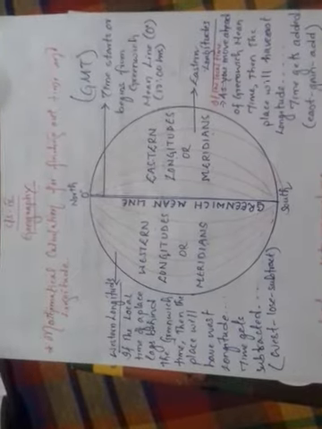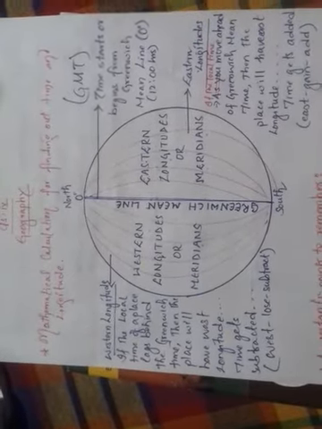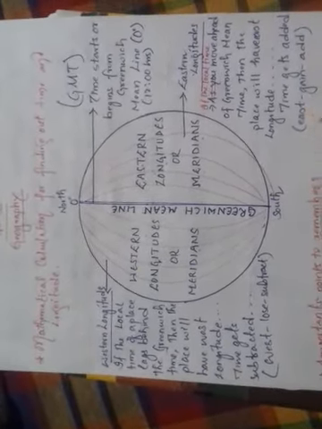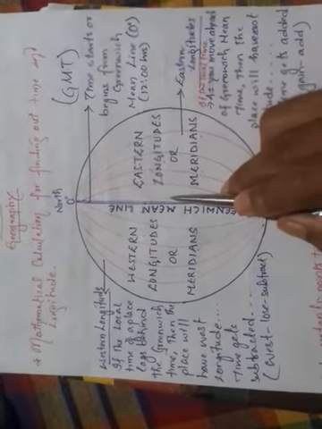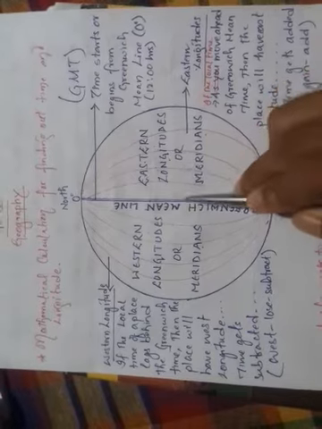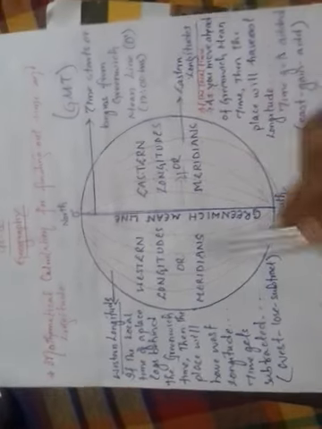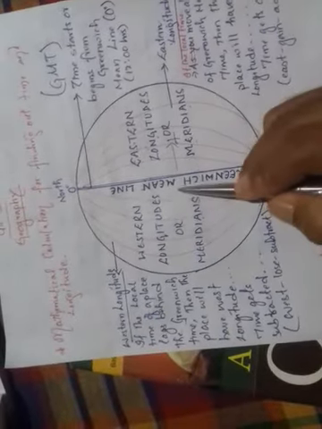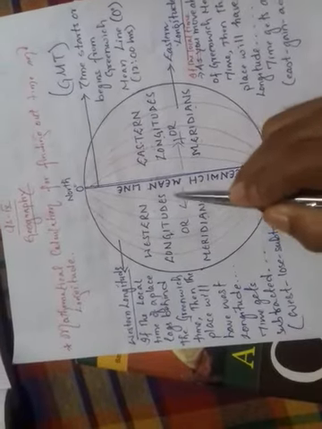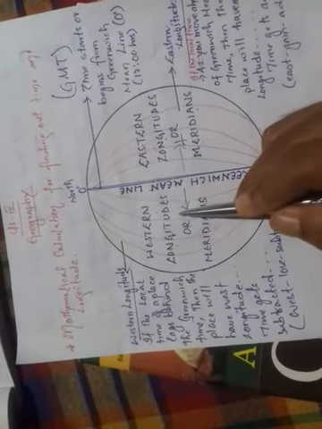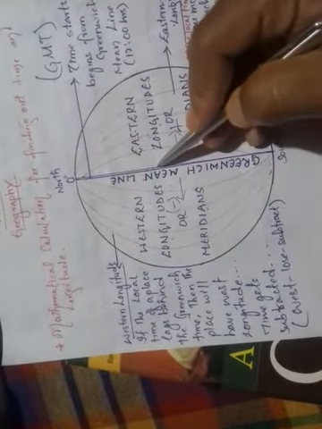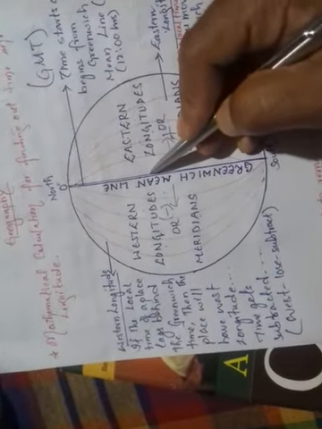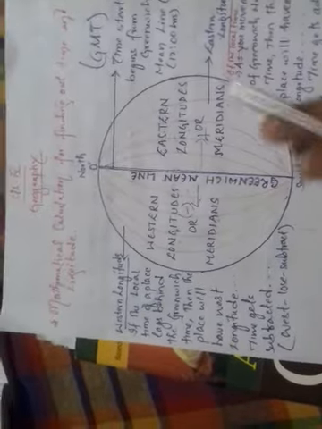That is one example, I'll explain it later. So, as we move on to the eastern longitudes or eastern meridians, the time gets added, and as you move on to the western longitudes or western meridians, the time gets subtracted. The time begins at the Greenwich Mean Line. I hope you got this right.